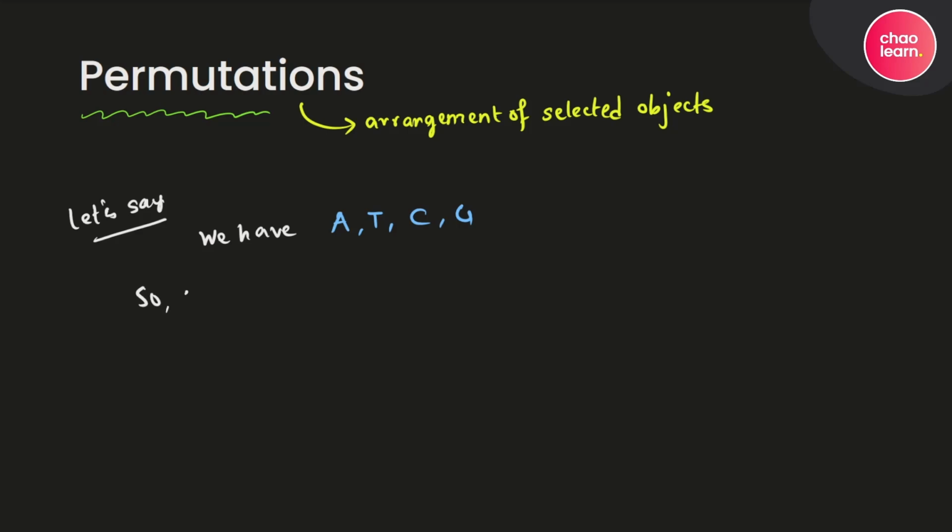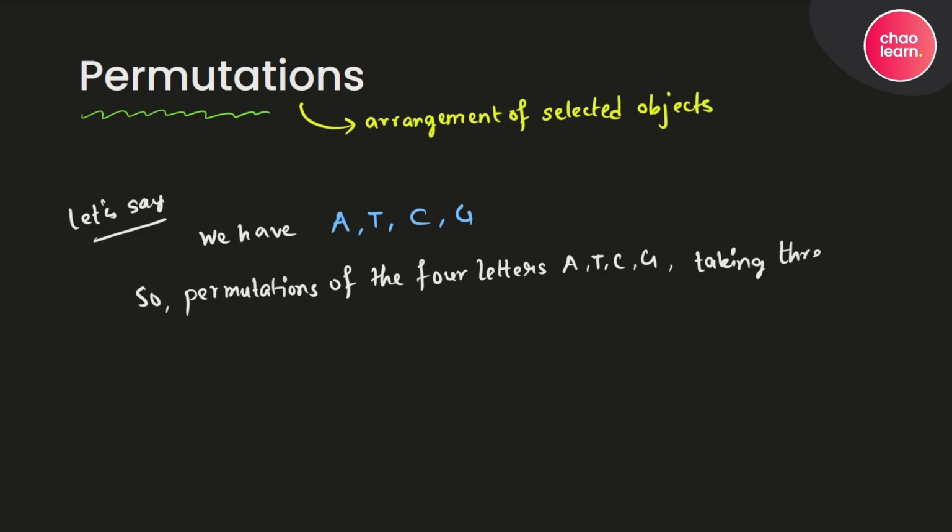So what we are supposed to do is select 3 at a time. We have to select 3 alphabets from A, T, C, G and rearrange them.